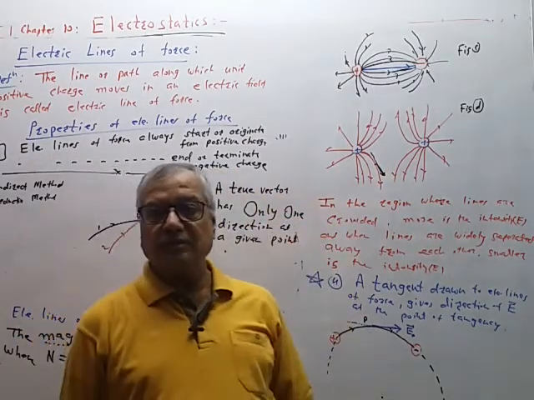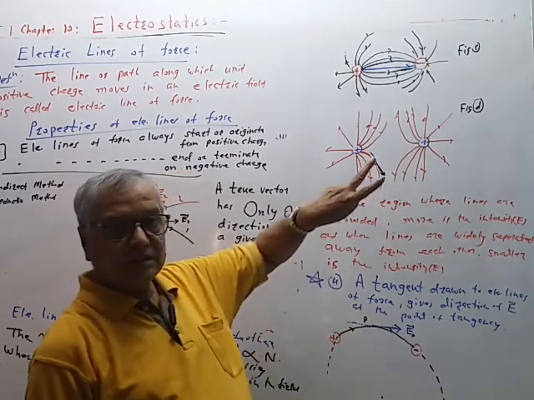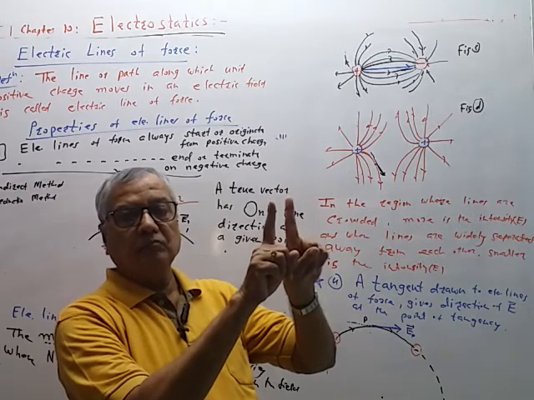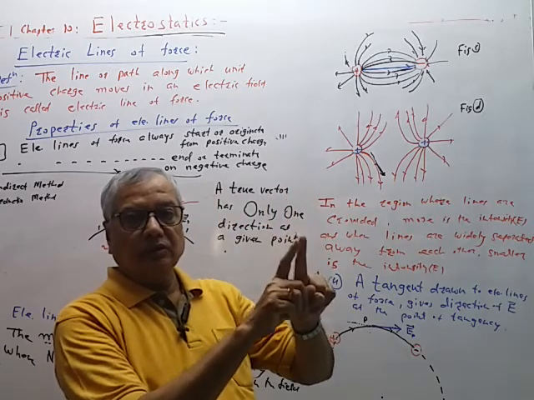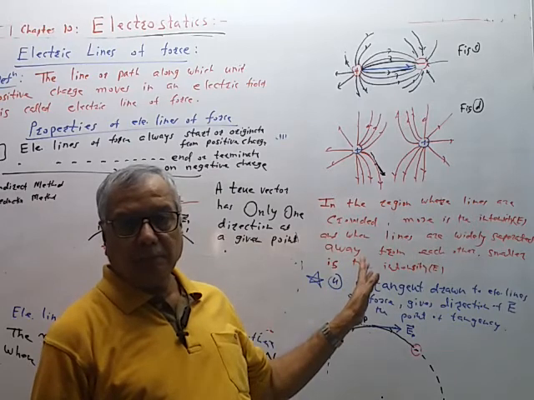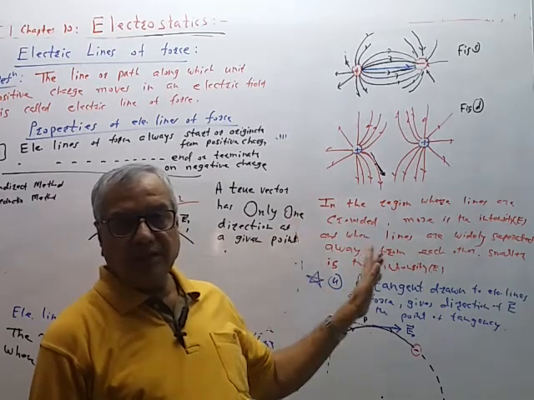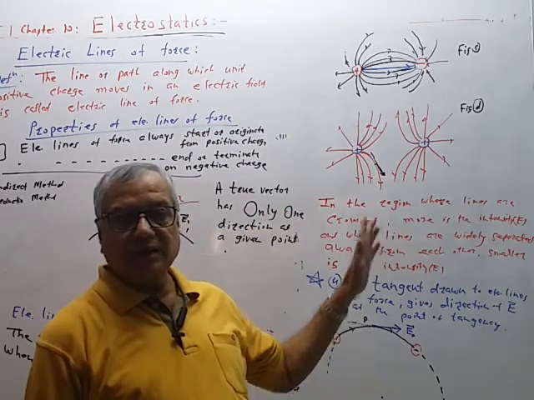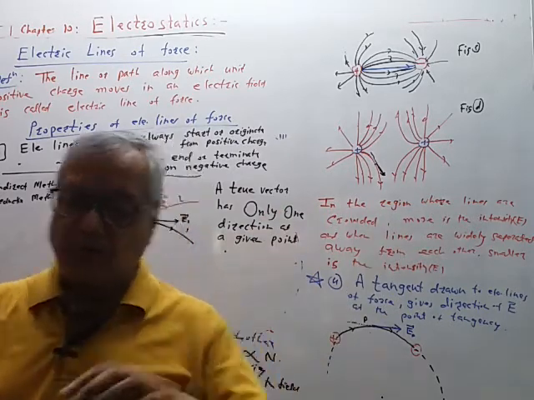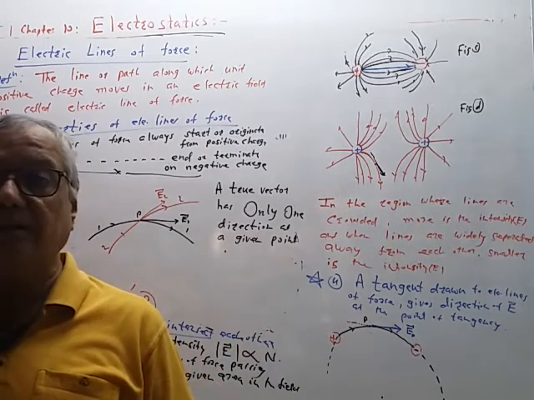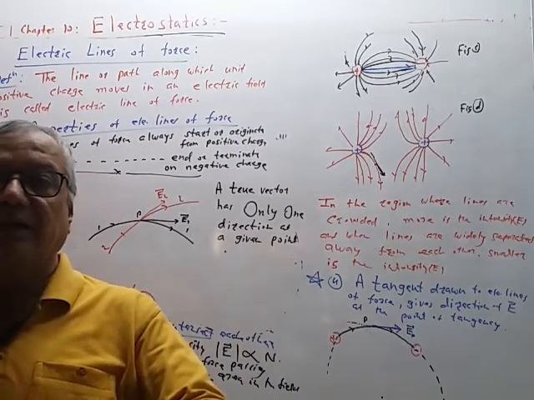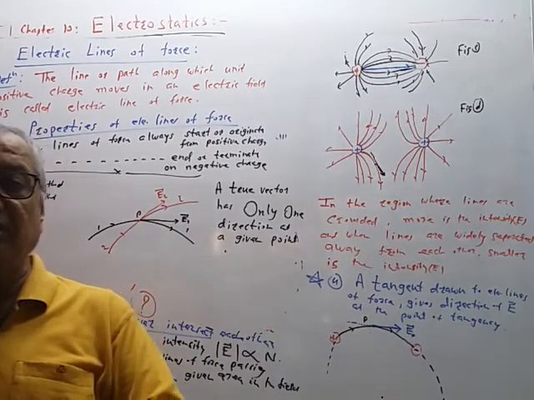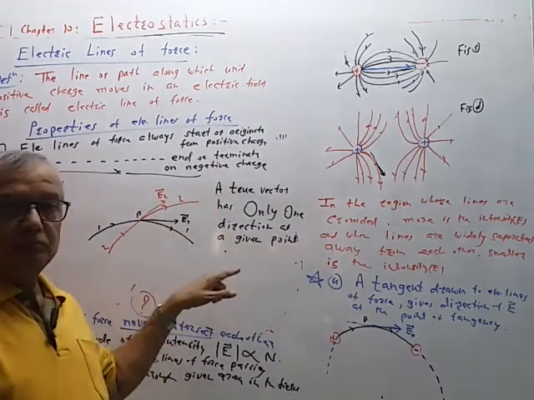They are either diverging from each other or they are parallel to each other. If the intensity has the same magnitude and same direction, then the electric field is uniform. So what is the pattern of the electric lines of force in a uniform electric field? That can also be given by these four properties.